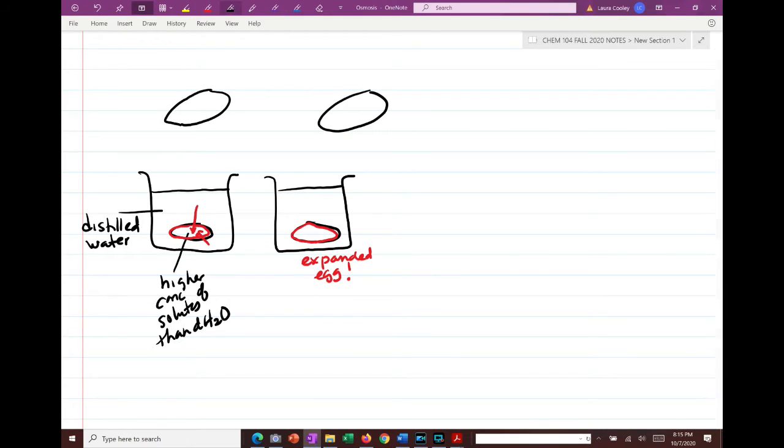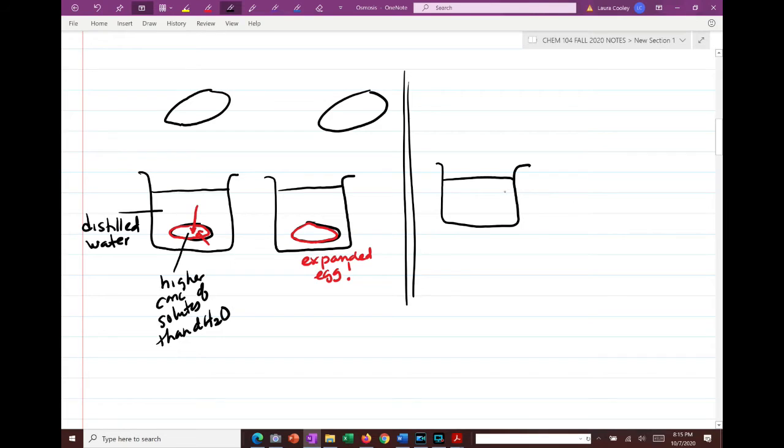And now the opposite thing will happen. I took an egg, remember, and I put it in this Karo corn syrup. And what happened was the fluid flowed out because the Karo is more concentrated than the inside of the egg.